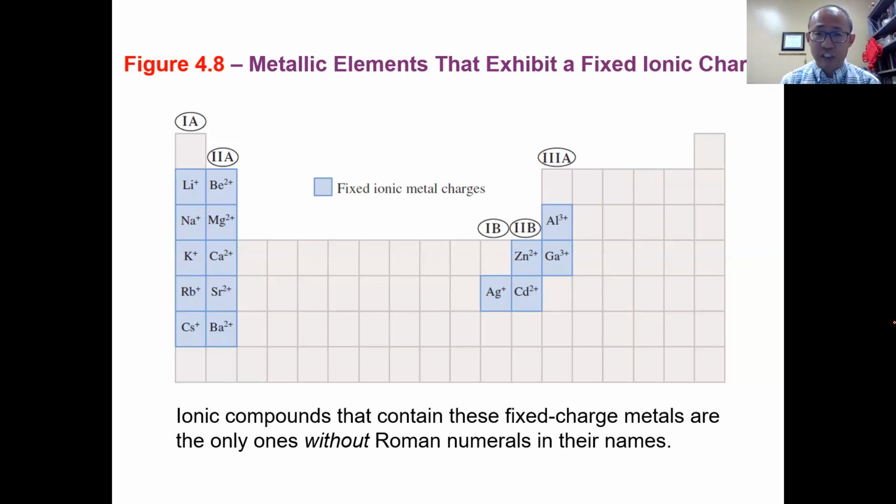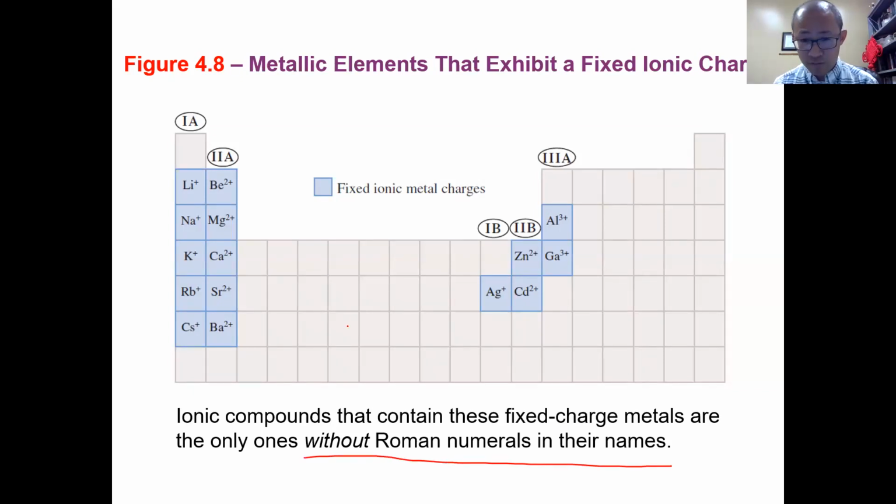The metals shown in this charged table, the blue box, are the metals with fixed charges, meaning that ionic compounds with these metals, you do not need a parenthesis, without the Roman number in their parentheses.